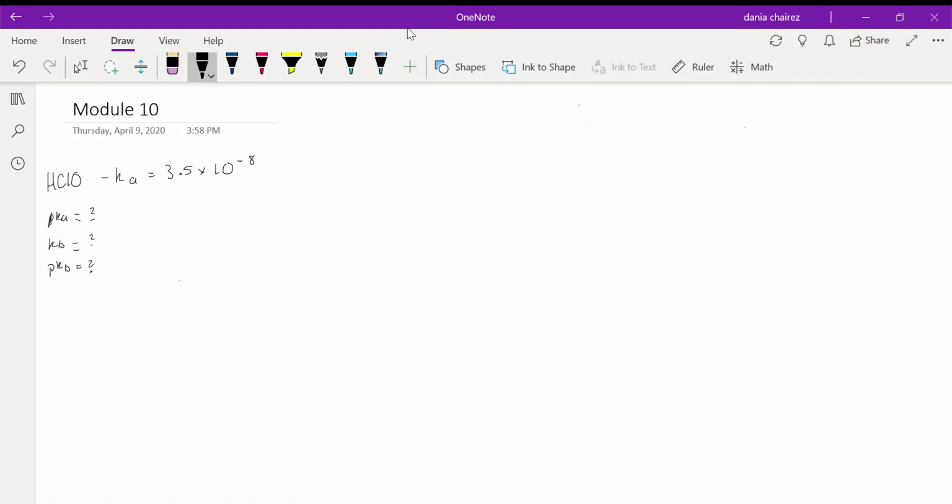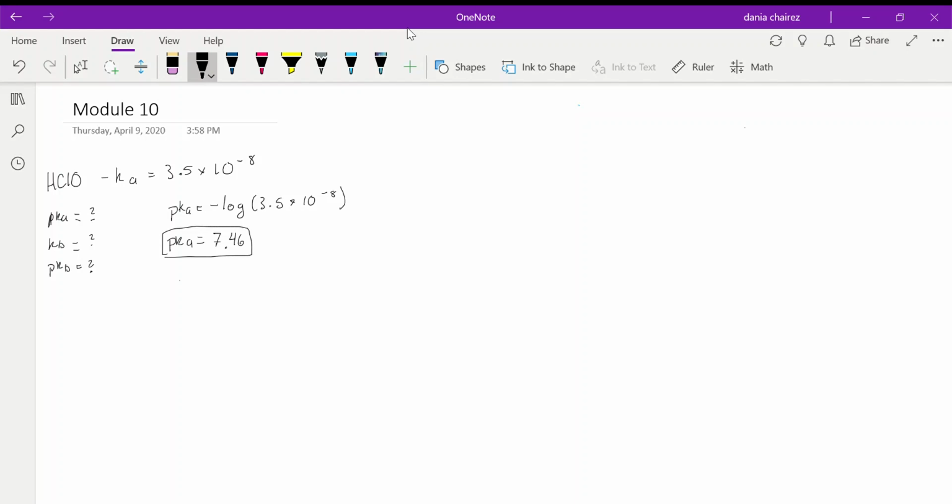So one way is that we find our pKa first, which is our negative log of our Ka, which in this case is 3.5 times 10 to the negative 8, which gives me a pKa of about 7.46. So there's one of our problems solved.